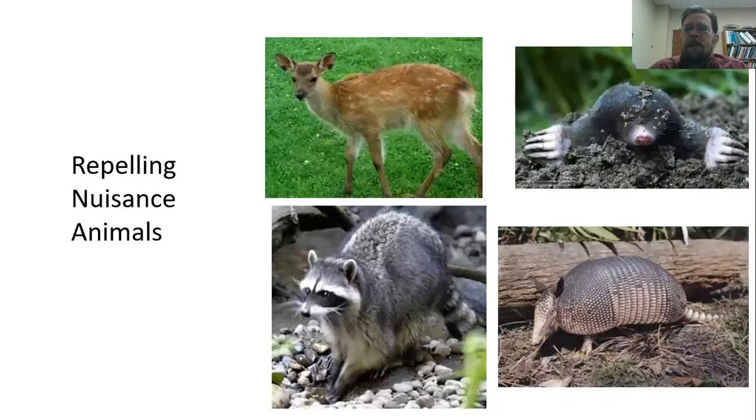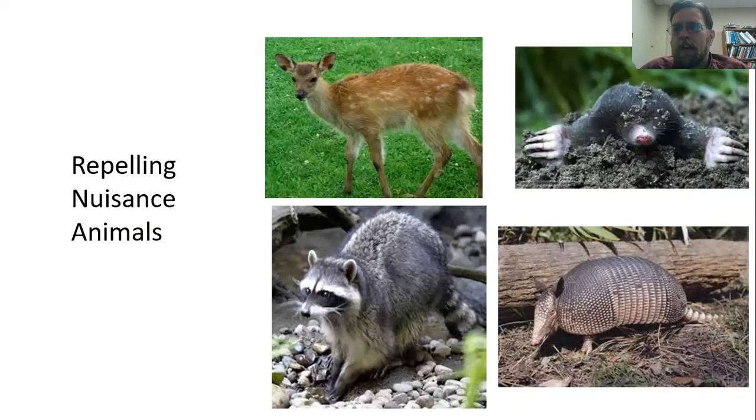Now, I want to spend a good bit of my time today talking about some of the animals that we can have in our landscape that are what we might call a nuisance. And I want to start off just by saying that there's nothing wrong with any of these animals, despite the fact that they can occasionally be a little bit of a problem for us, may cause damage to our landscape.